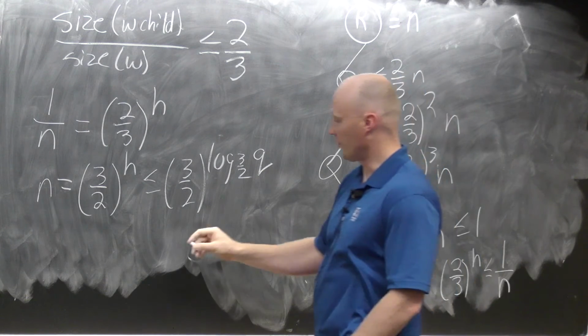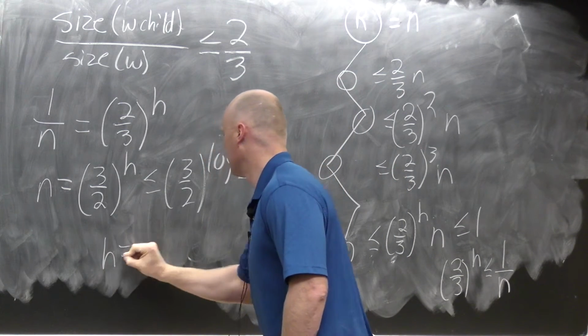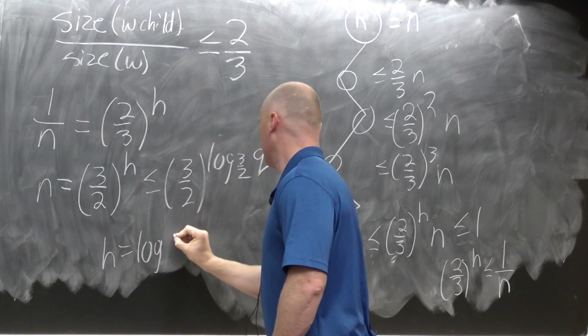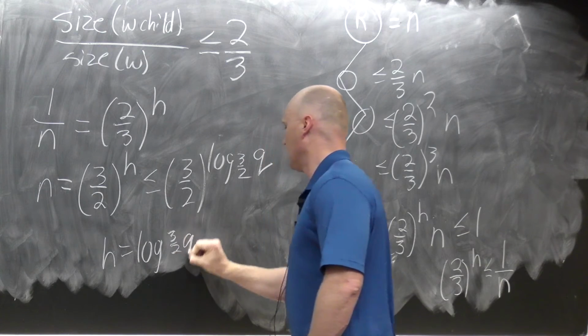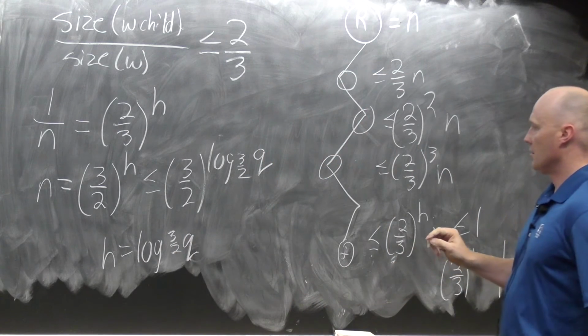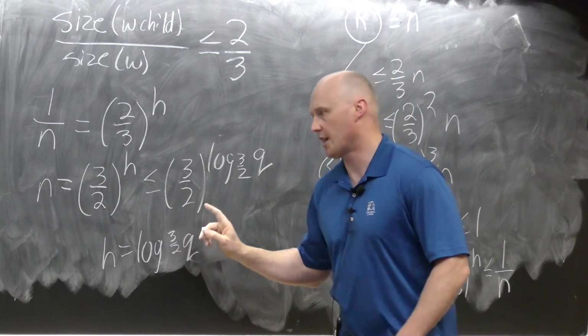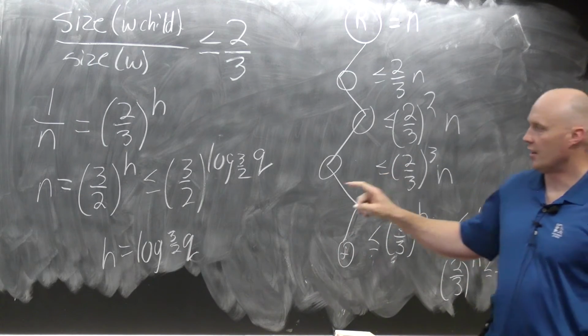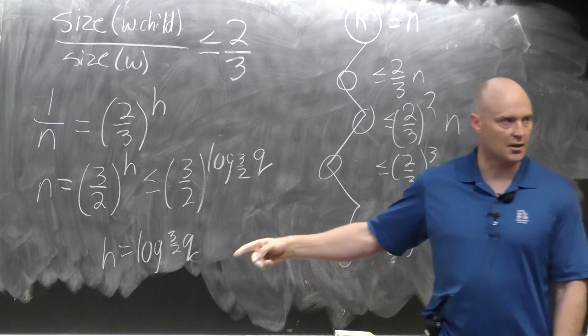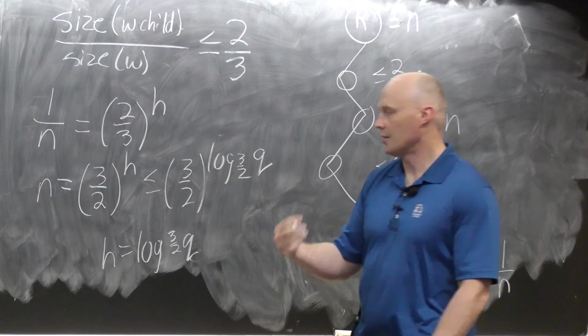The height is at most log base 3/2 of n. But we know that because we had to rebuild the tree, the height was actually greater than this, so that's a contradiction. Right, thank you.